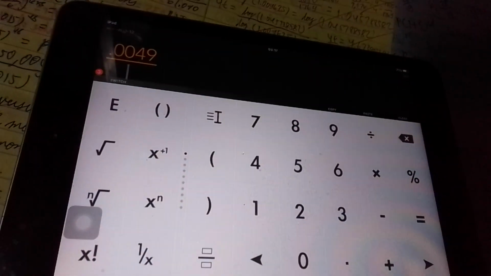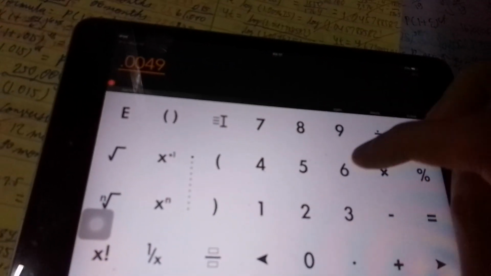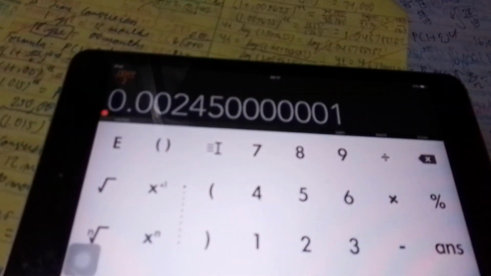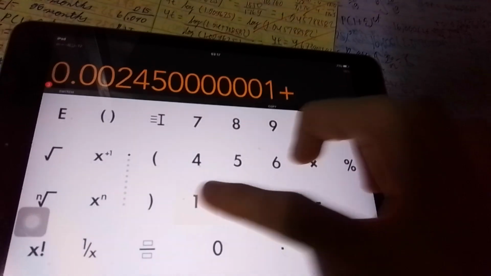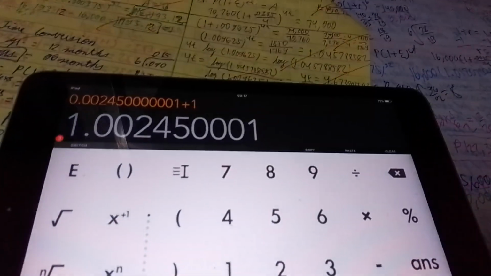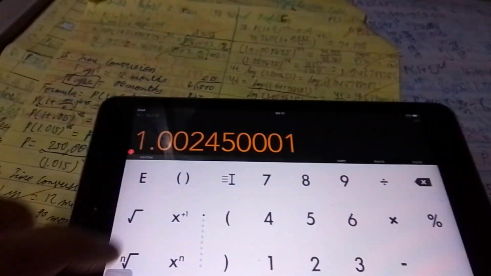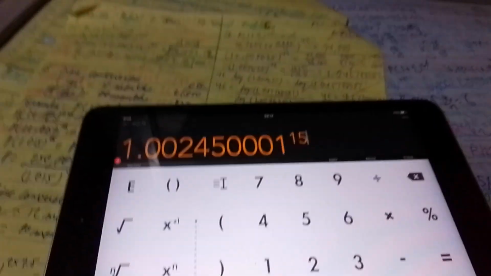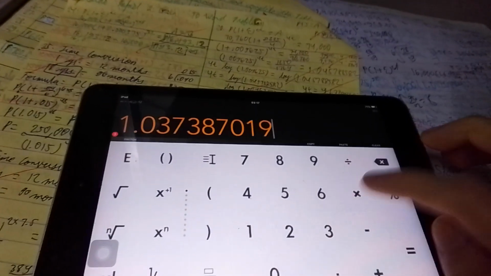And then divide by the compounding period, which is 2. And we're supposed to get this answer. Then you add it by 1. You get 1.0245 something. Then you raise that to the 15th power. Because that's how it's meant to be done. You're supposed to get this answer.